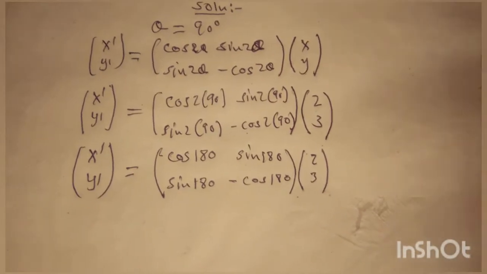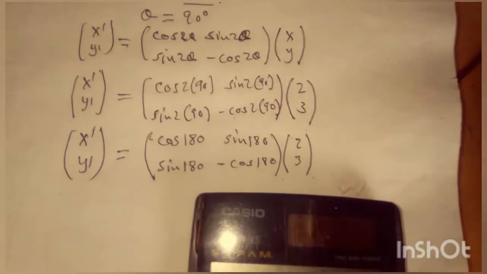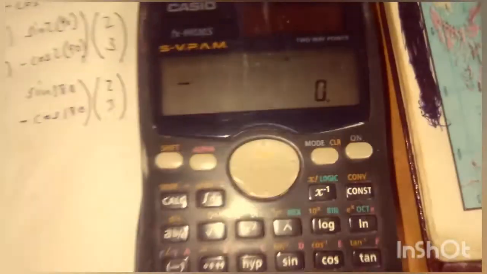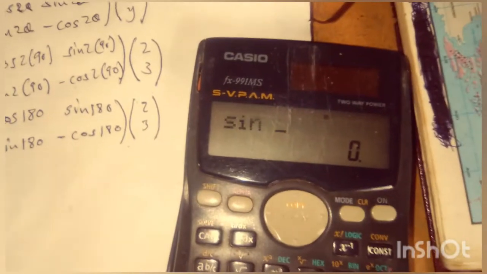By the use of our mini scientific calculator, cos 180 is equal to -1, and sin 180 is equal to 0.